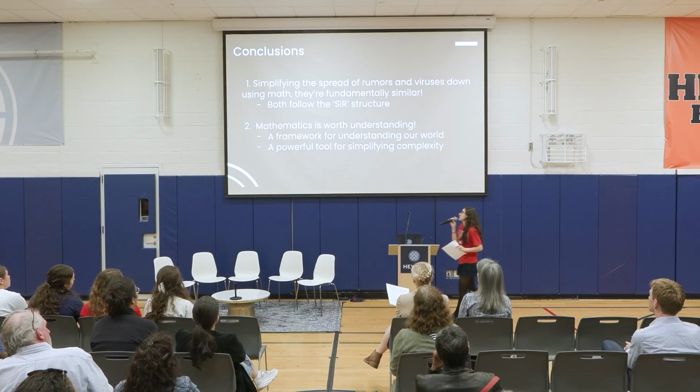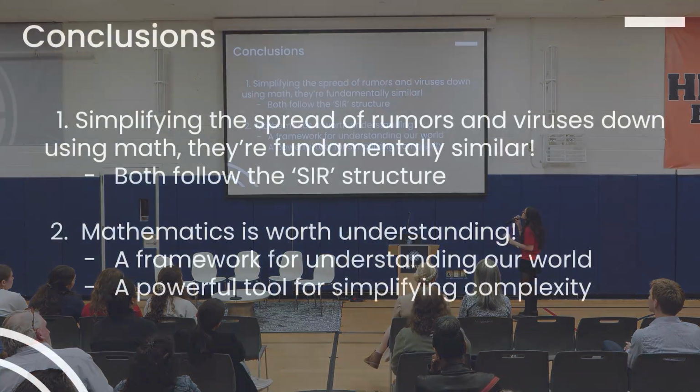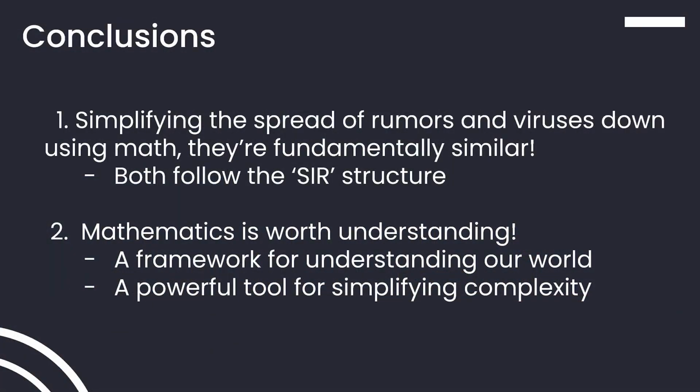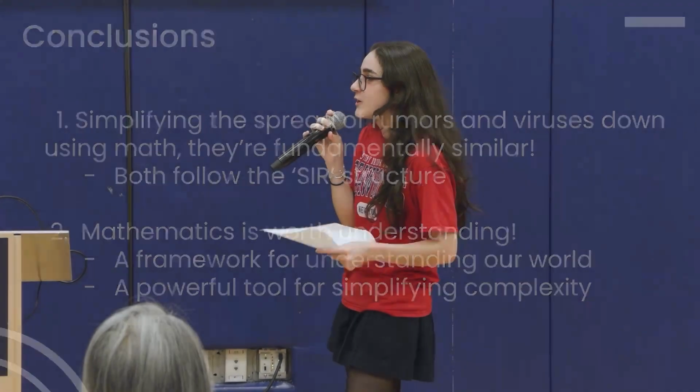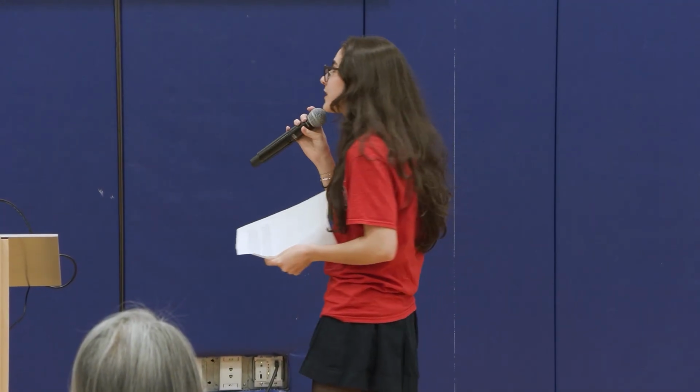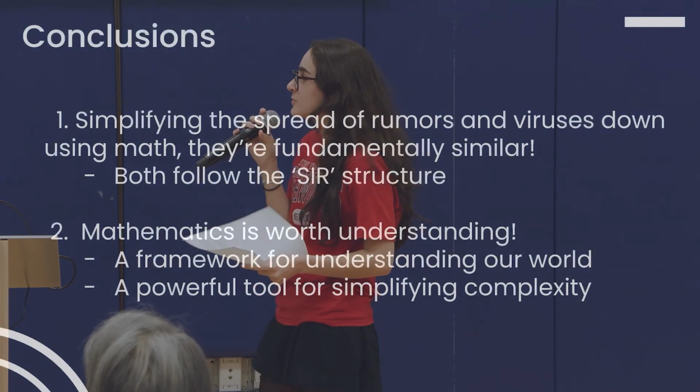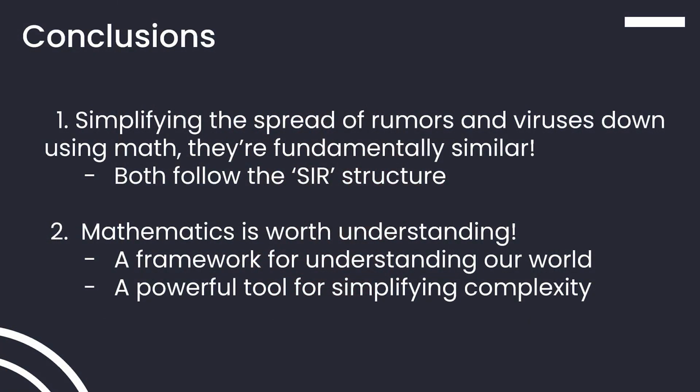And so this brings me to the conclusions of my presentation. The first being that simplifying the spread of rumors and viruses down to their mathematical forms, they are fundamentally similar. They can both be described using the SIR structure. So we do get a glimpse at mass utility. And the second conclusion that I came to is that mathematics is worth understanding.